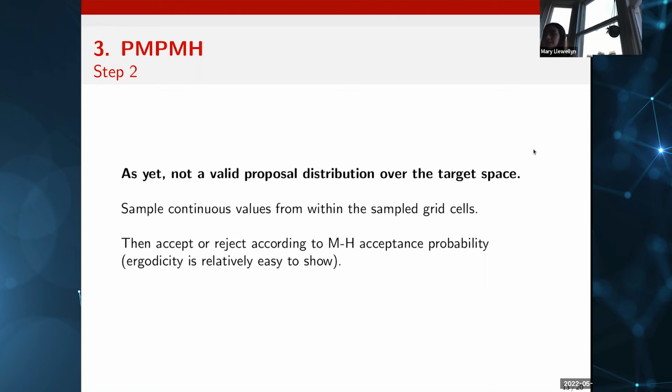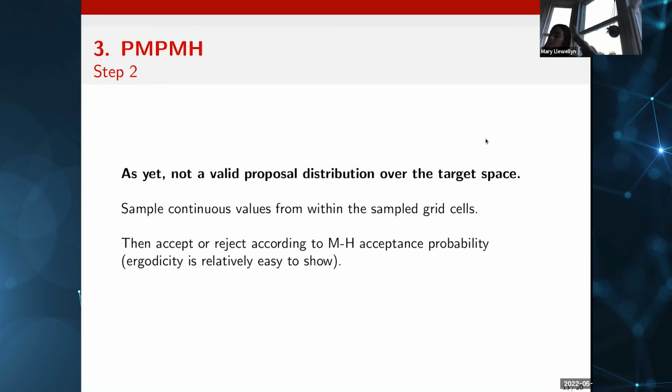To solve this problem, we're now going to propose continuous values from within each of the sampled grid cells. Basically, we propose point values from a distribution with domain that matches the grid cells we've sampled.